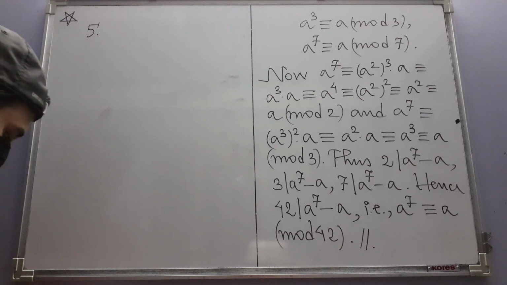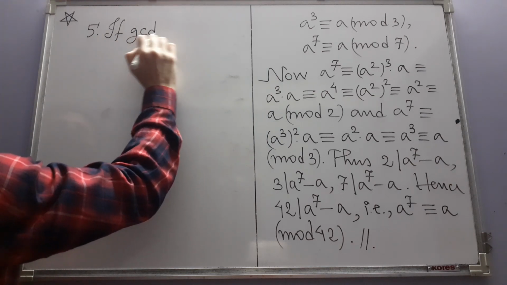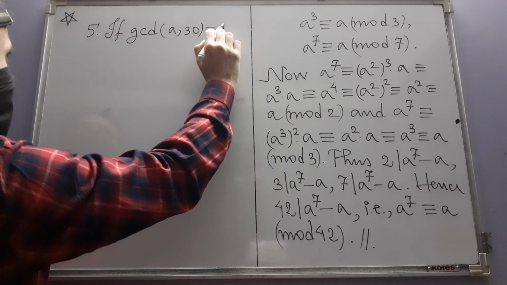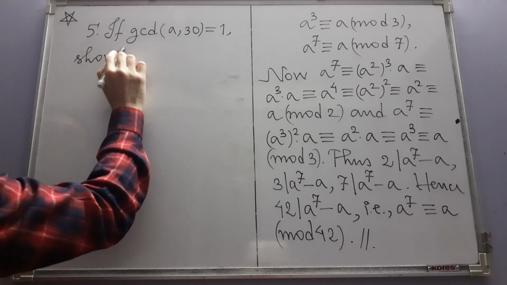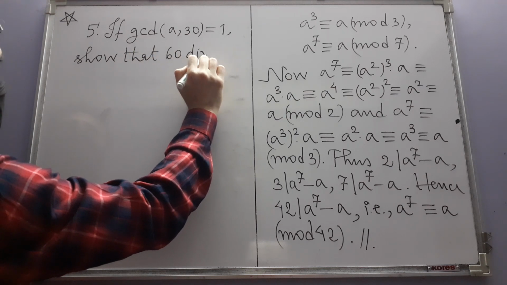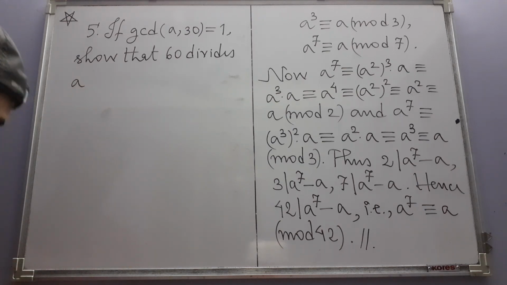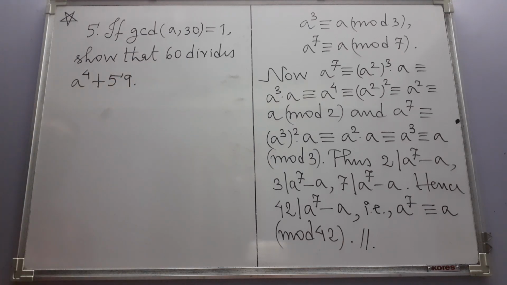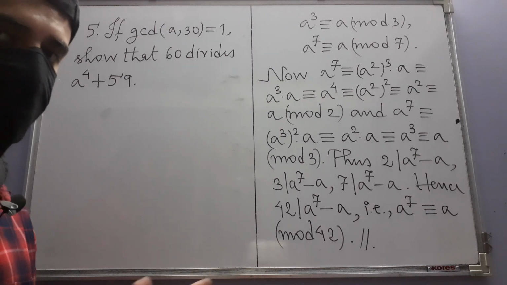Next, 5. If GCD of a and 30 is equal to 1, show that 60 divides a to the power 4 plus 59. 59 is 60 minus 1 and 60 already divides 60.